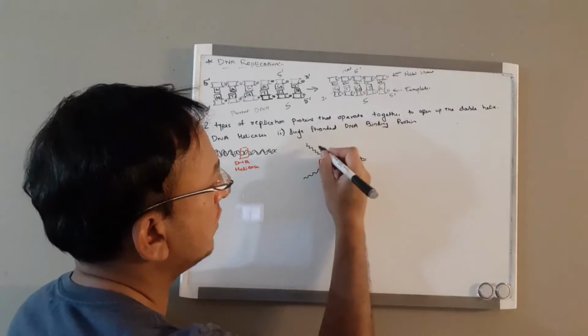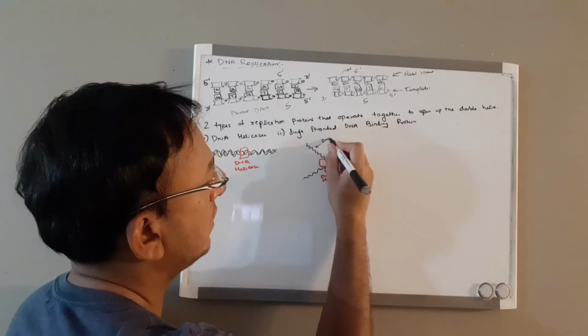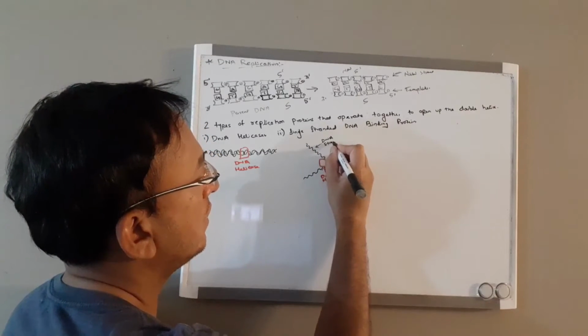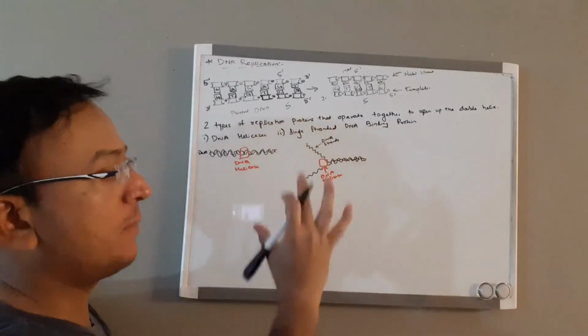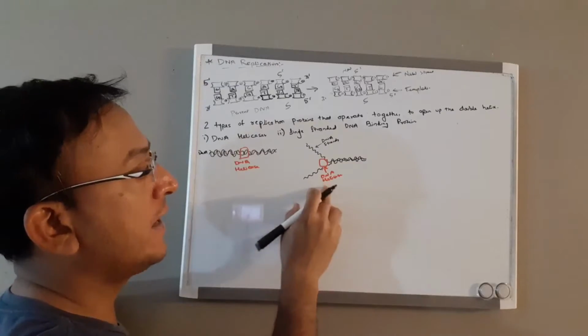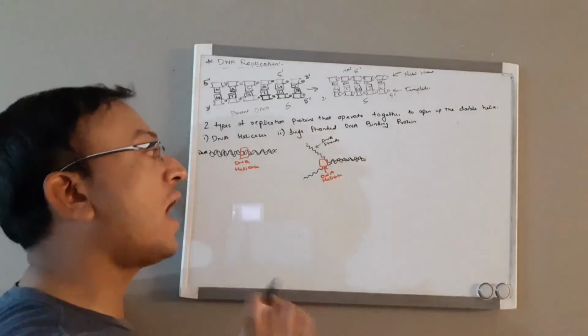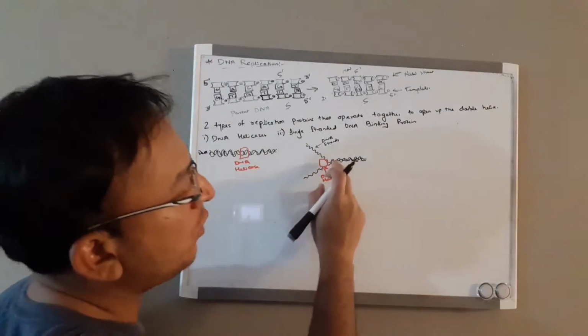After the replication fork opens, the DNA helicase uses ATP hydrolysis to move itself forward.